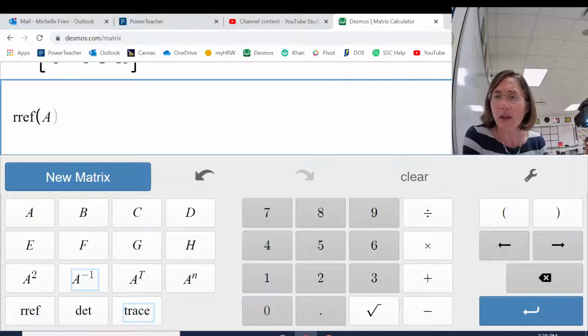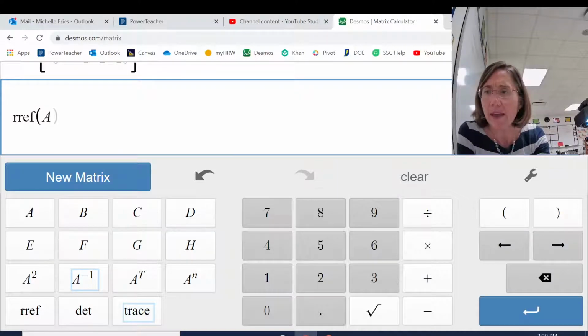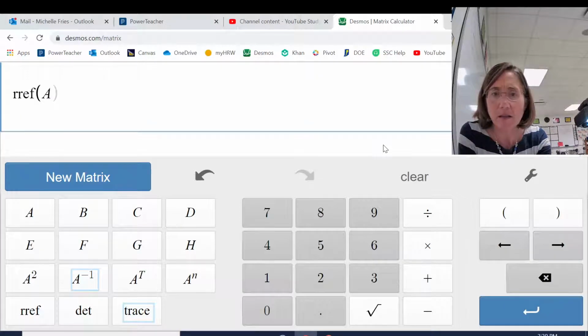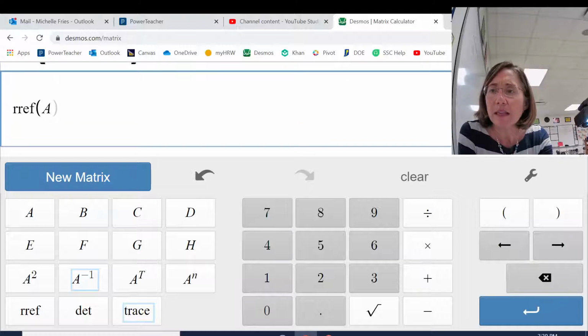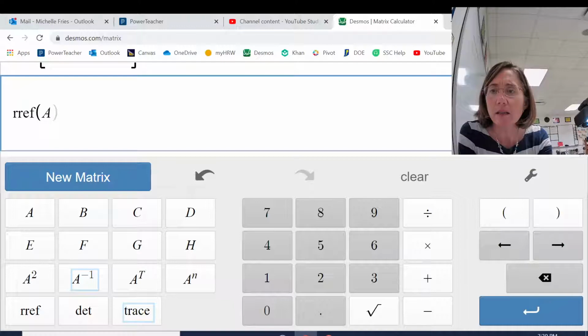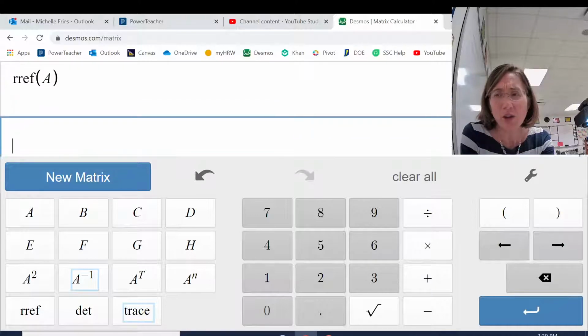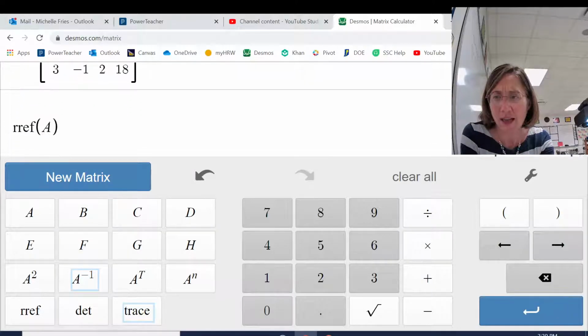Okay, now if you look over here, oh, my picture might be in the way. I don't know if you can see that. Well, I'm not really sure if you can see this matrix or not.